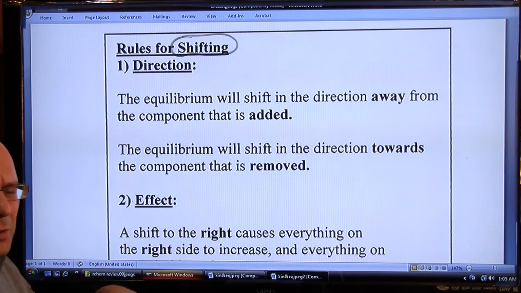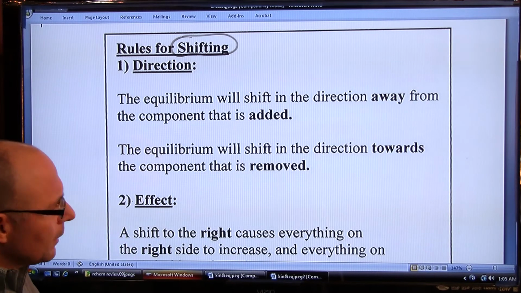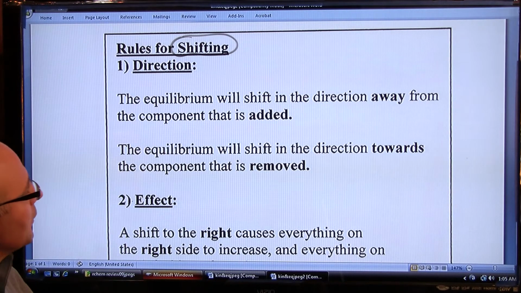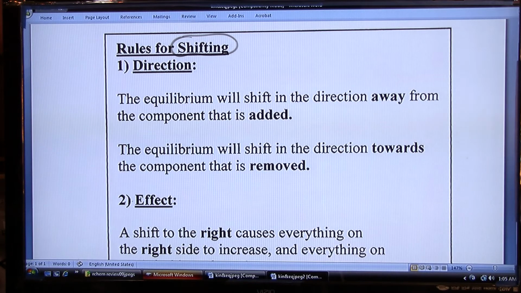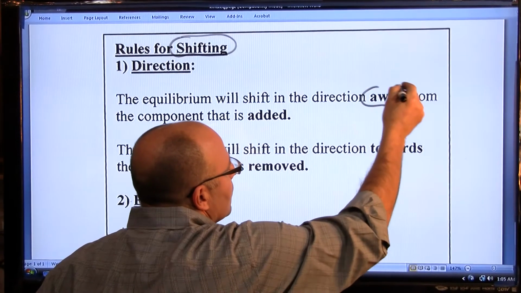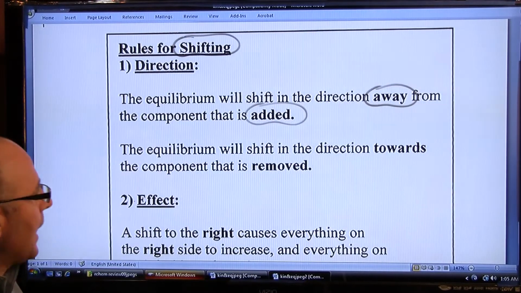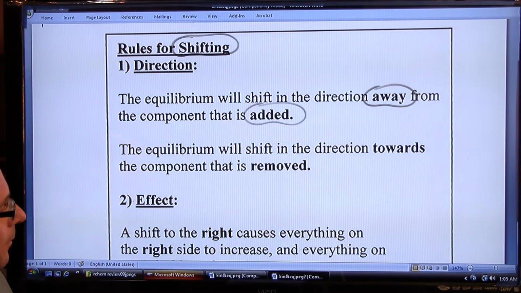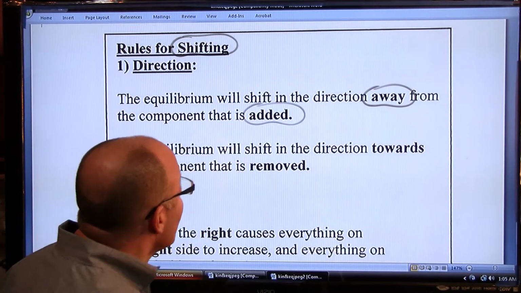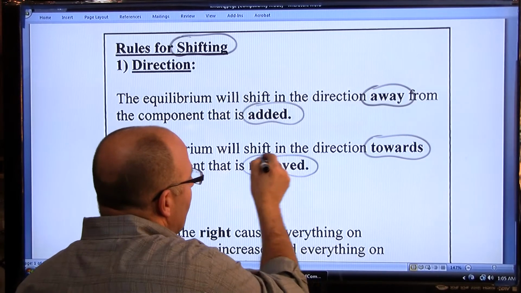But I find that a lot of students find this confusing, so the rules of shifting will certainly help you. So the equilibrium will shift in the direction away from the component that is added. See, what you do tries to undo, tries to use up whatever was added. And the equilibrium will shift in the direction towards the component that is removed. We'll see how that applies in a second.